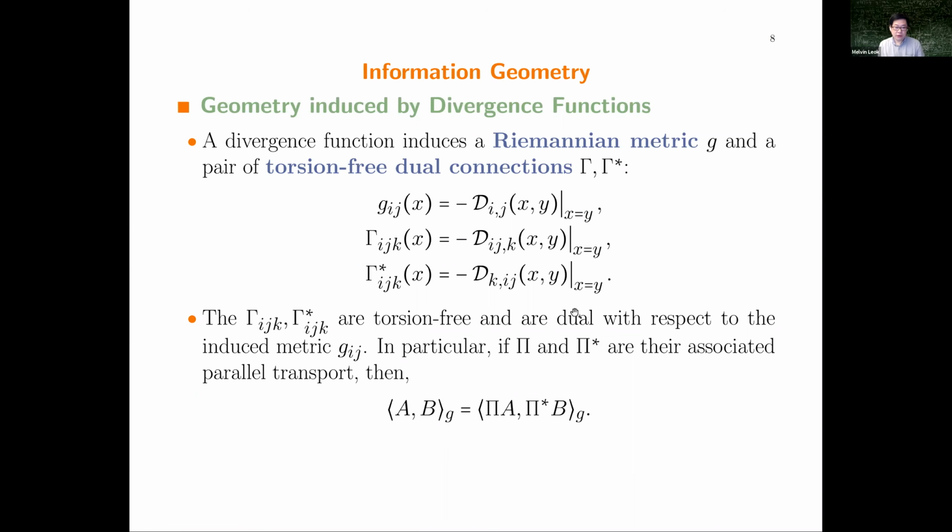So let me say something about connections if you're not familiar with them. So affine connections allow you to make sense of derivatives in a covariant way. They are the objects which allow you to define covariant derivatives on manifolds. They're also the objects which allow you to transport vectors from one point in the manifold to another point on the manifold.